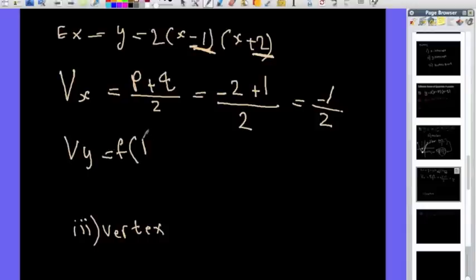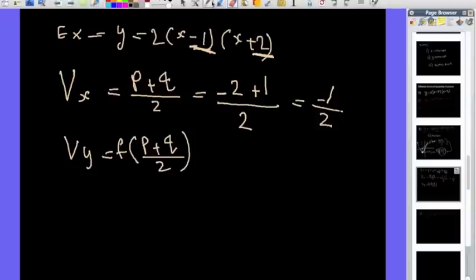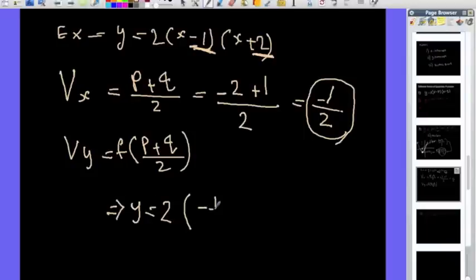So this is our x-coordinate of the vertex, and for the y-coordinate of the vertex you use the formula f of (p plus q) divided by 2, which means you replace this inside the whole function: y equals 2 times (-1 by 2 - 1)(-1 by 2 + 2).